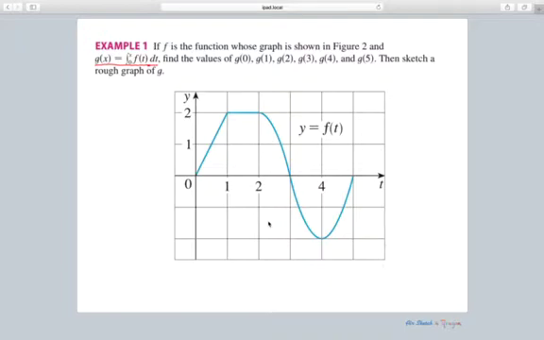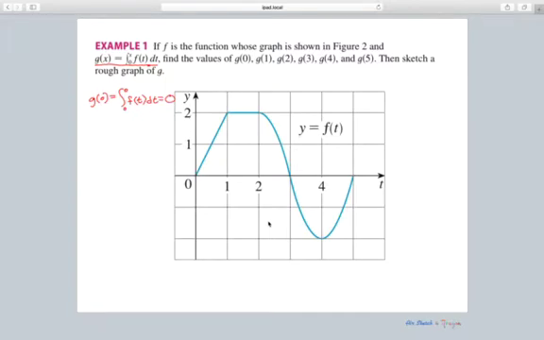First, g of 0 is just the integral from 0 to 0 of f of t dt. There's a property we know about definite integrals that when the upper and lower limits of integration are the same, that's an area of 0. That would be like the area under a single point, which has no width. So I know g of 0 is 0.